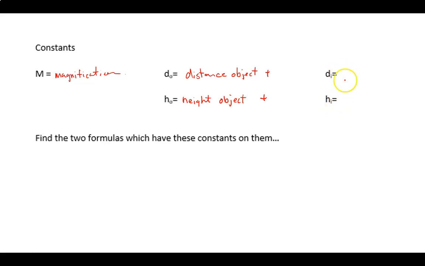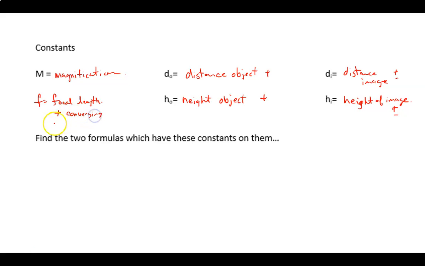DI and HI are the distance of the image and the height of the image, and that's where you can see the positives or negatives. And one thing that's missing here is the F, which stands for the focal length. And again, positive is when we're dealing with converging rays, and negative is where we're dealing with diverging rays.